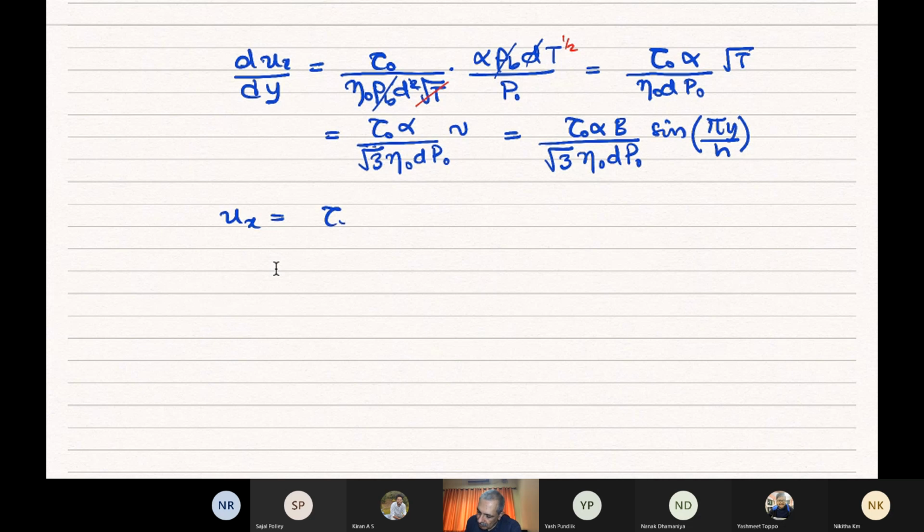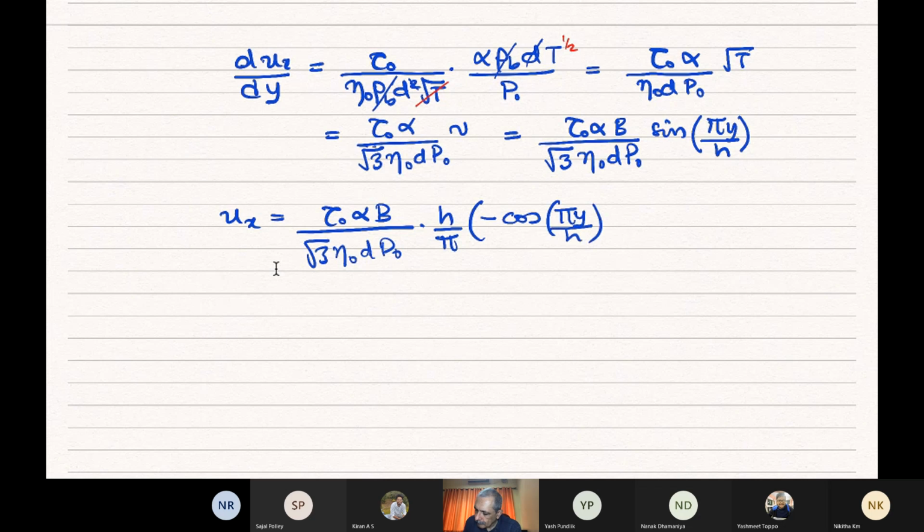So this is tau 0 alpha b, this remains as it is, into h by pi into minus cos of pi y by h. This is okay, and then plus c1, which is a constant of integration.